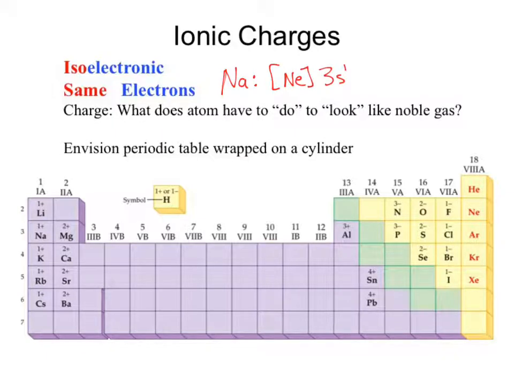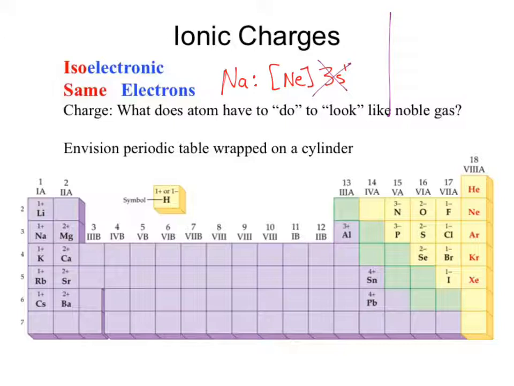What happens if I'm going to try and predict sodium's charge? If sodium's going to form a charge, what's its most likely charge to be? Positive 1. Why? Because it's going to want to lose that electron. If we lose that 3s electron, its configuration becomes neon. So sodium is now happy. So what's the most likely charge for sodium? Positive 1.